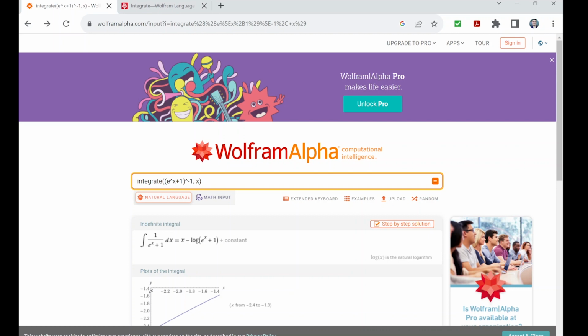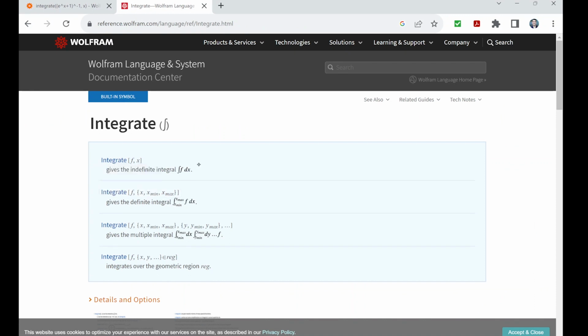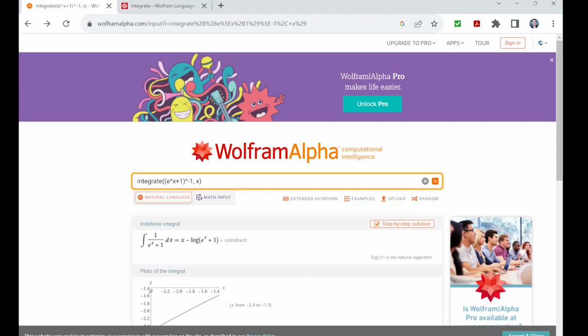When that happens, if this system gets confused, it's a good idea at that point to use the formal language of Wolfram. So if you're doing this in Mathematica, you have to use this formal language, and there's no ambiguity. It doesn't have to interpret what you're telling it to do.